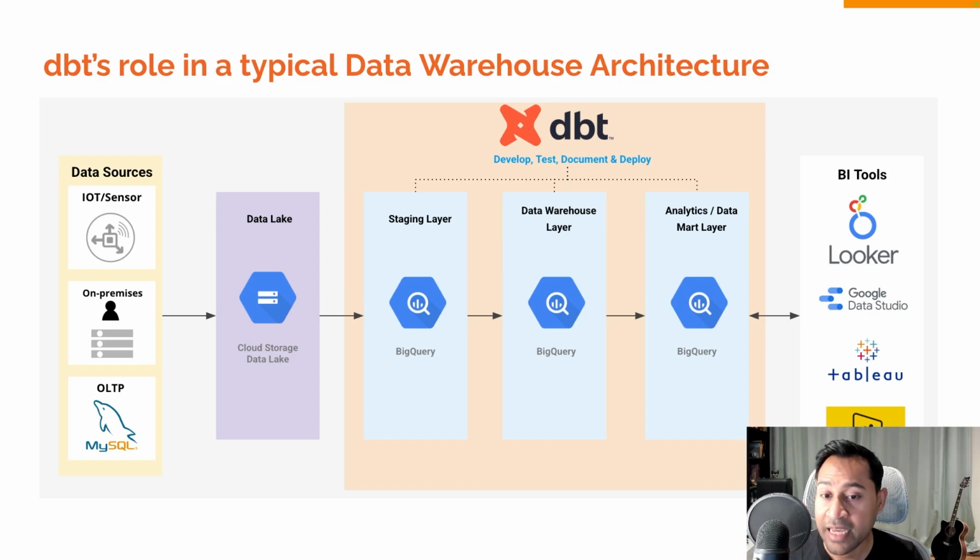You could have a staging layer where you would apply some basic data formatting, data cleansing, maybe adding additional columns or making changes to your column names, etc. Then you have the data warehouse. Depending on how you want to optimize your data warehouse and what your business requirements are, you would think either one big table or a dim and fact model.